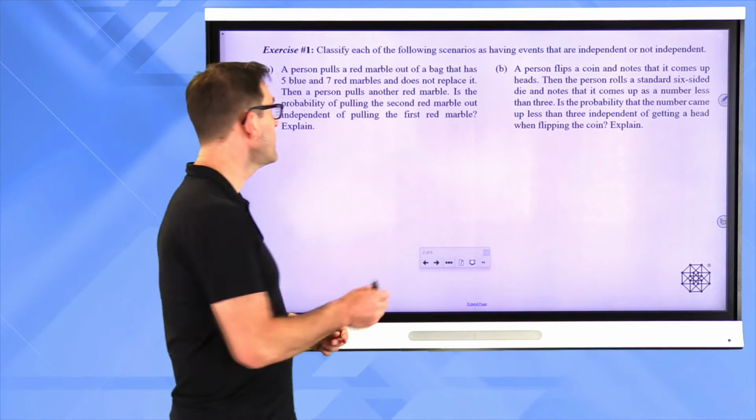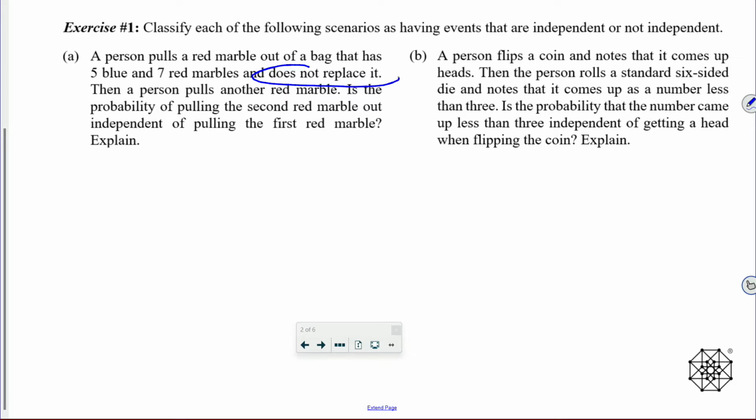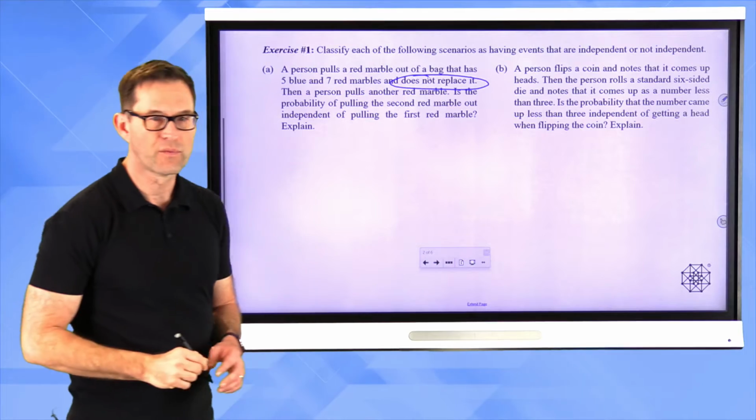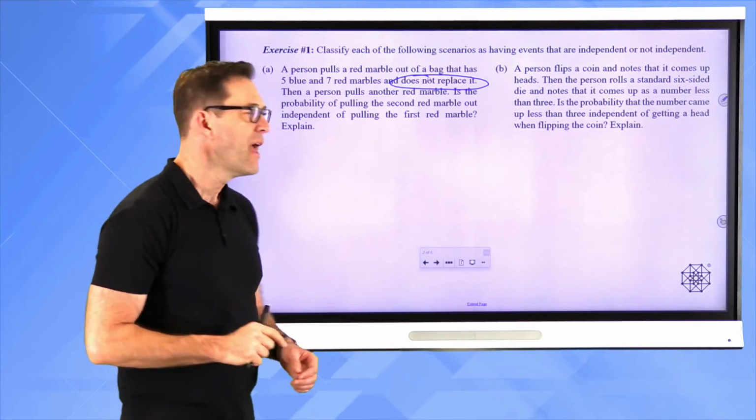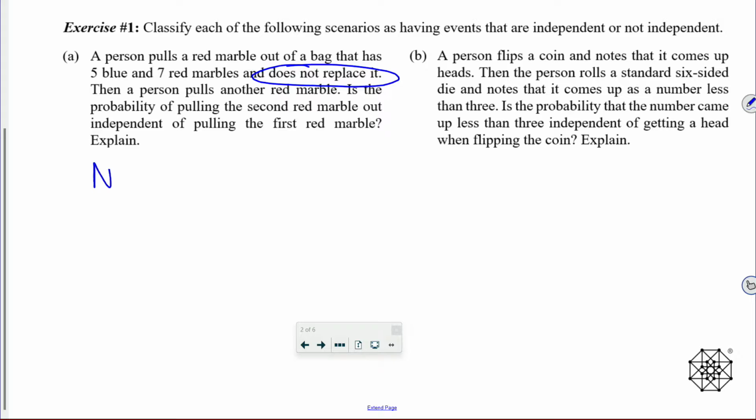All right, well the key here is the fact that we do not replace it, right? We do not put the red marble back in, okay? And therefore these are not independent. And again, the key is to really just consider this.